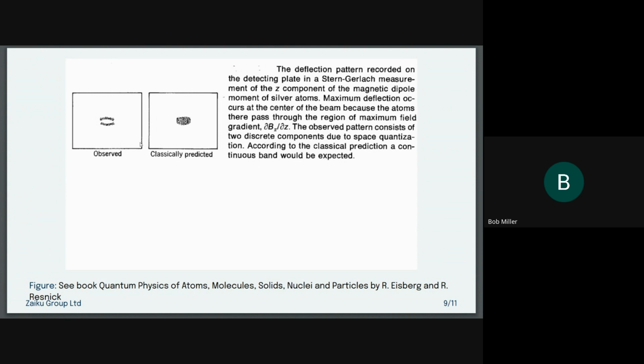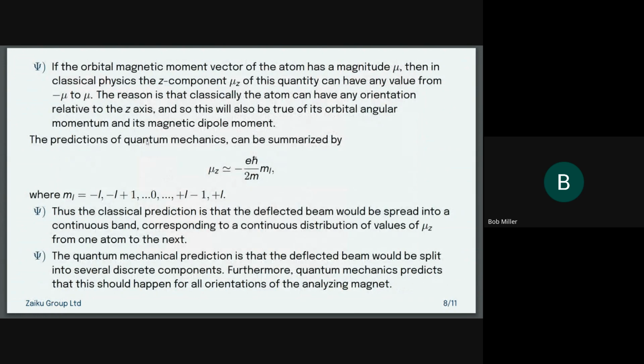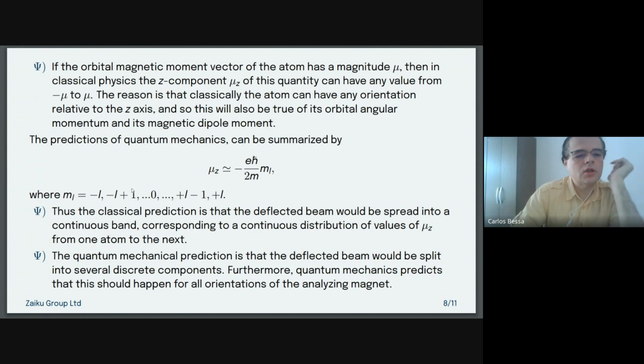Right, I see that. What I'm saying is I see that you have two bands, but I'm seeing an infinite number of m_l values from that equation. So why are there only two bands? Yeah, but this is m_l, the quantum number associated with the magnetic moment.